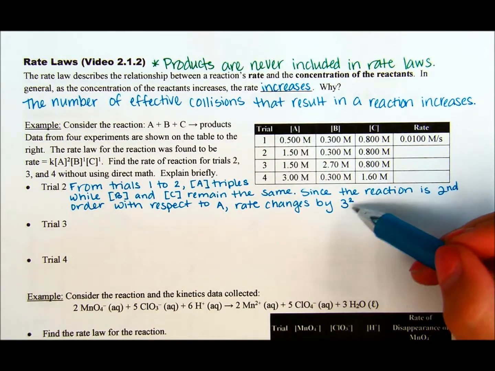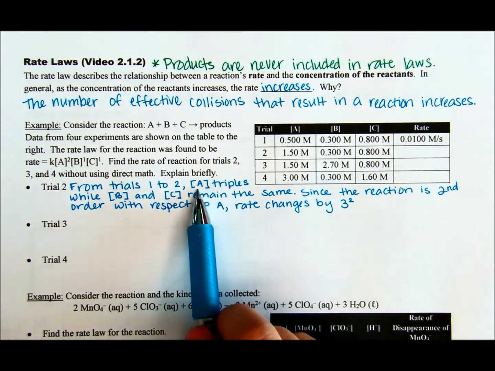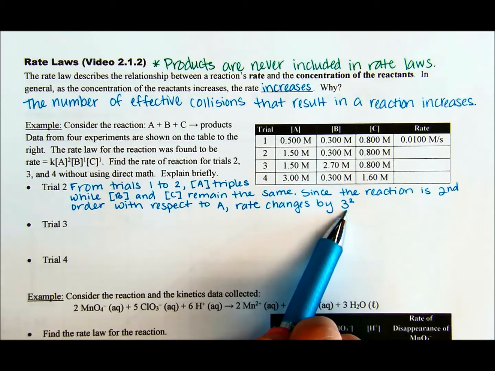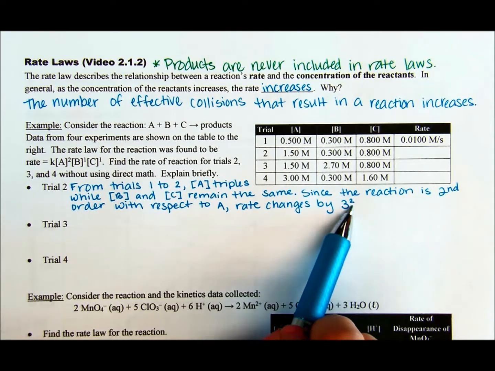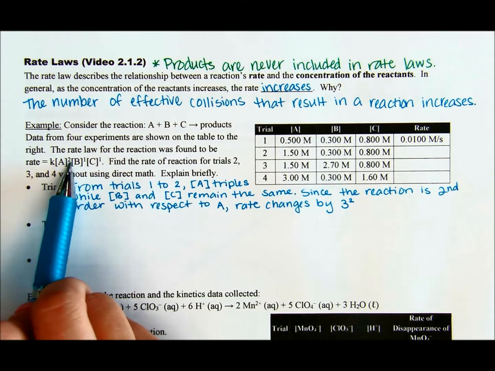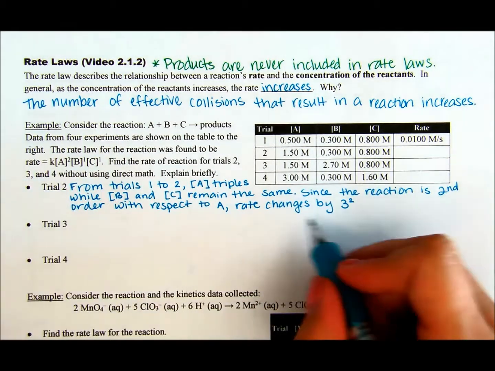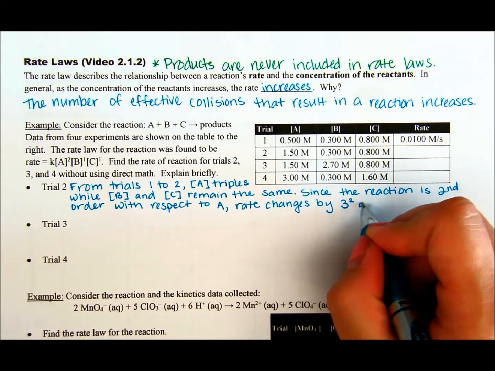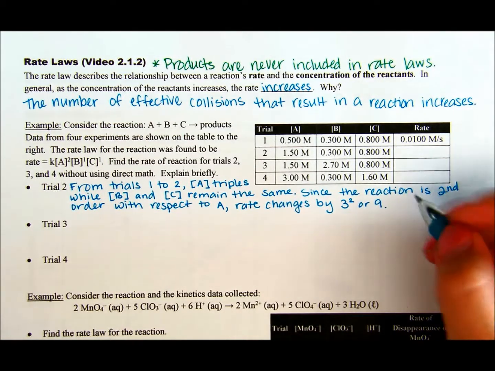So where do these numbers come from? We said that the concentration of A triples, so 3, and we said that the reaction is second order with respect to A. So the concentration triples, and we're going to sub in a 3 for A squared because it's second order. So it triples second order. The rate changes by 3 to the second power, and 3 to the second power is 9.